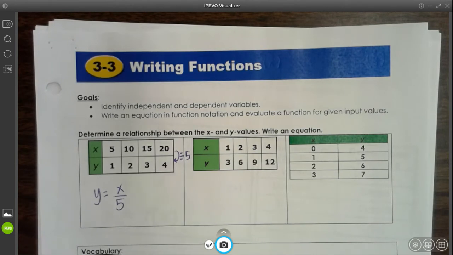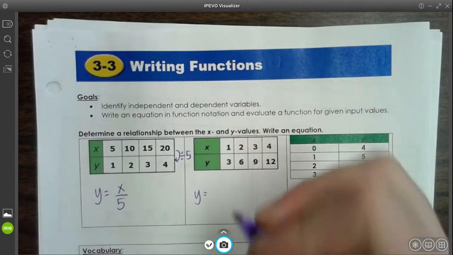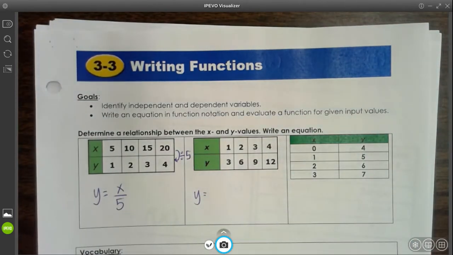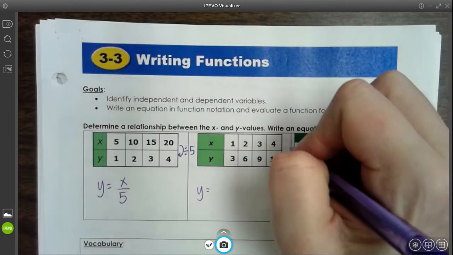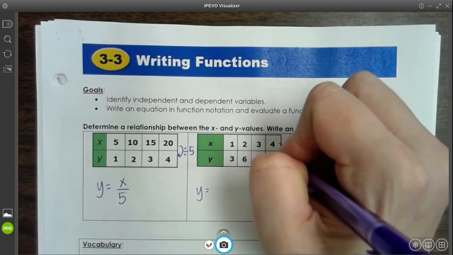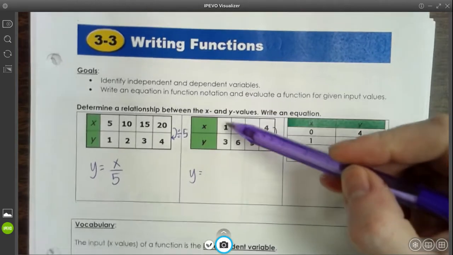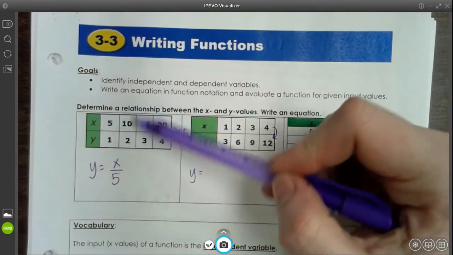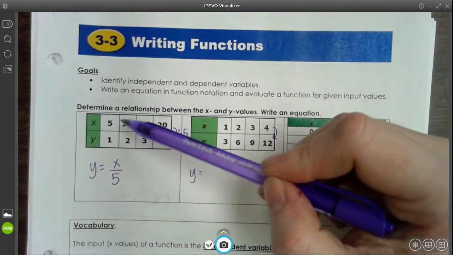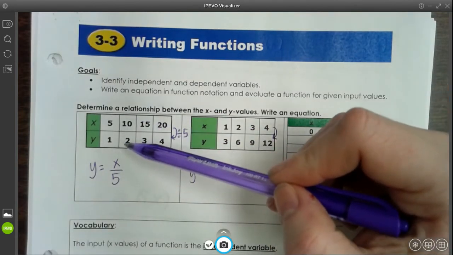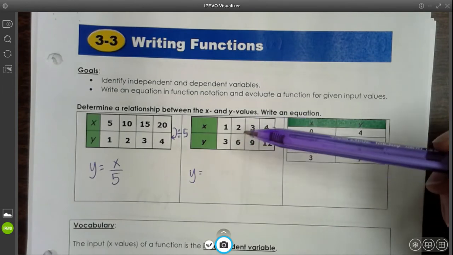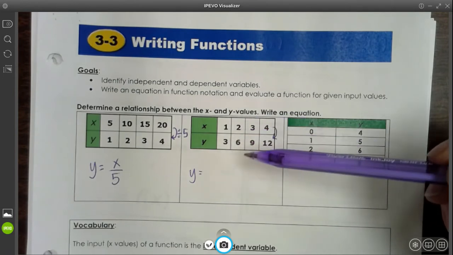So every time we're going to write y equals, and we're going to find out what is happening to the x to get that y value. All right, so here, what's going on from this to that? So if it is decreasing like it is here from x to y, there's only two possible options. You're either dividing or subtracting, right? If it's increasing, you're either adding numbers or you're multiplying numbers.